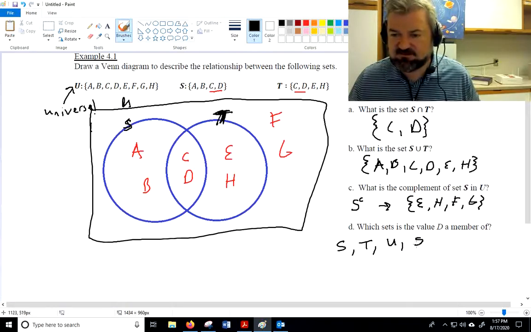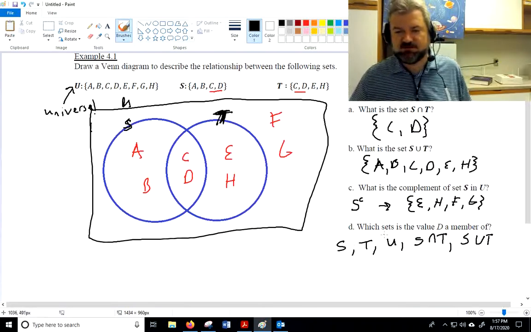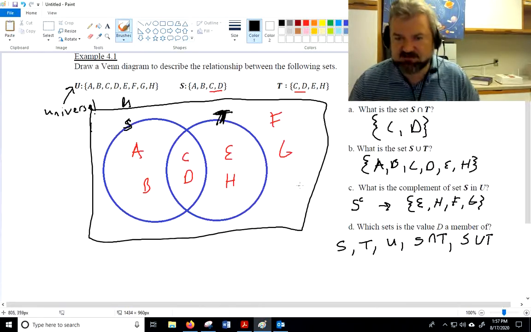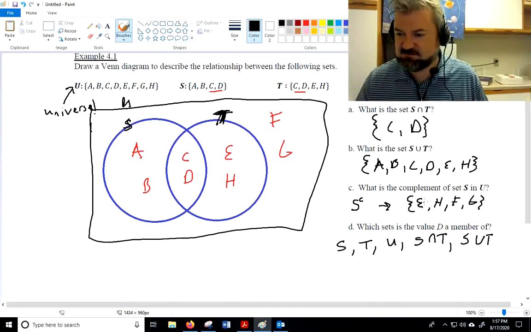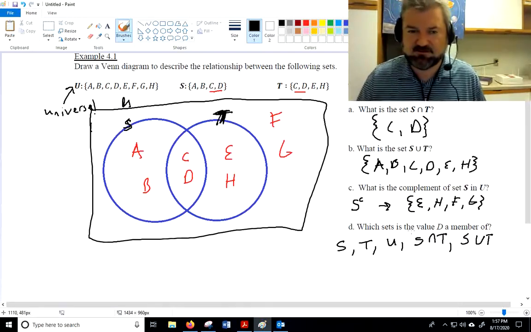What about S intersect T? What else? How about S union T? And I don't think I can use any complements because they're in both S and T, but I think that's a good list there.